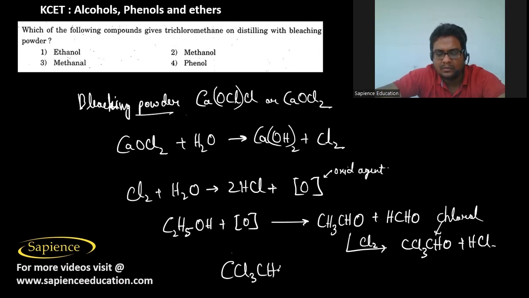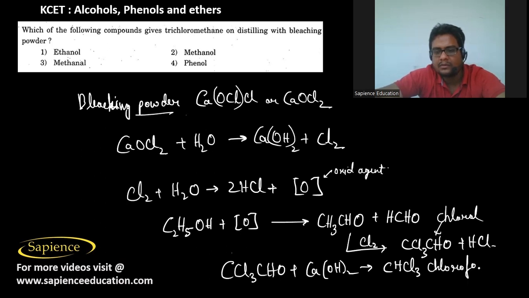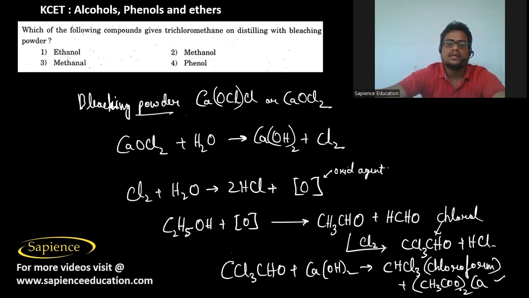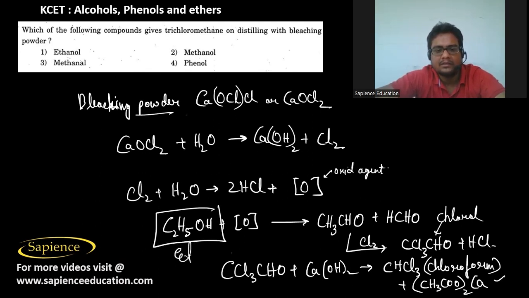Now this chloral will react with calcium hydroxide to form trichloromethane, CHCl3, which is also called chloroform or trichloromethane, and calcium acetate, (CH3COO)2Ca. So which of the following compounds gives trichloromethane on distilling with bleaching powder? It should be ethanol.